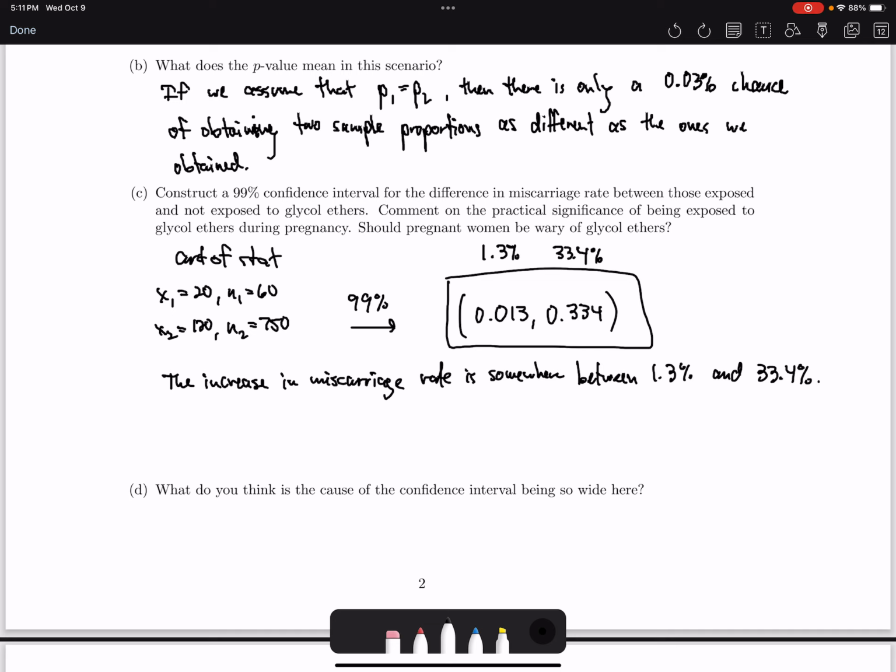On the lower end, that's not much of a practical difference.